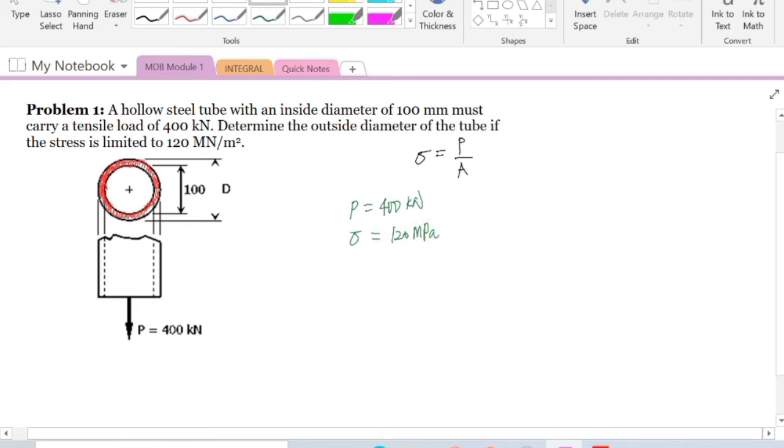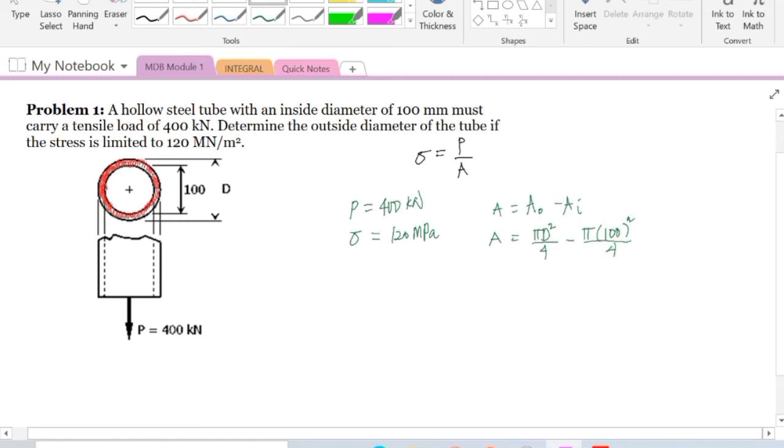So for the area, it is equal to area nung outside the circle minus area ng inside the circle. So we have area is equal to yung outside, that is pi diameter square over 4, minus yung area ng inside or yung area ng butas, that is pi times the diameter, which is 100 mm, square over 4.